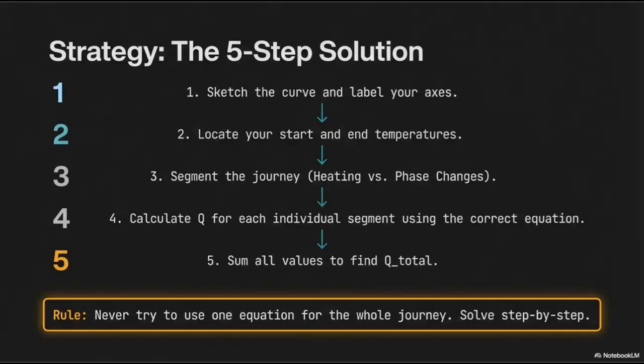Then I'm going to calculate the heat for each one of those sections. Once I calculate the heat for each section, I'm going to add all the values together. The overall heat is the sum of all the heats to go through the heating curve.